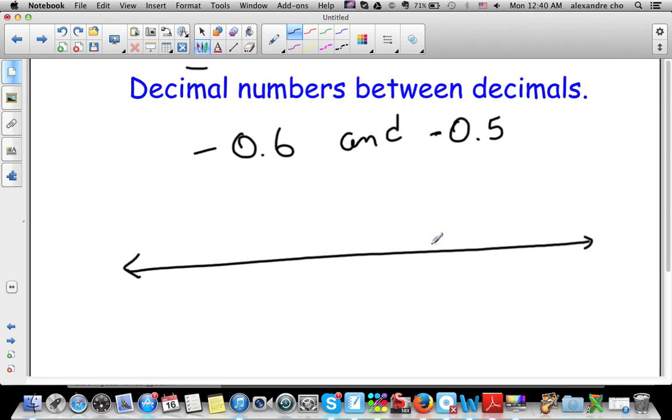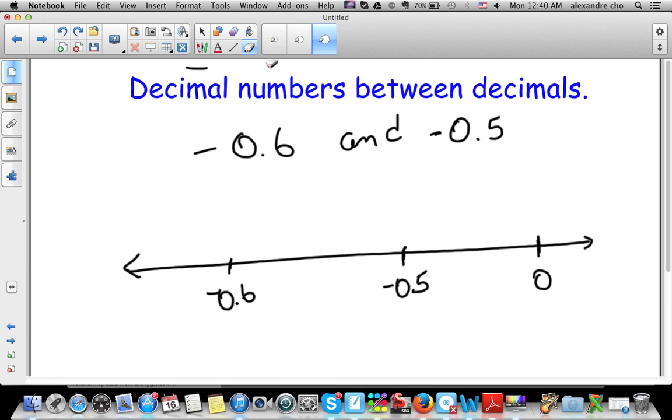Careful how you draw a number line. Okay. So this is 0. Let's assume this is negative 0.5 and this is negative 0.6. Okay, this is not to scale, obviously.